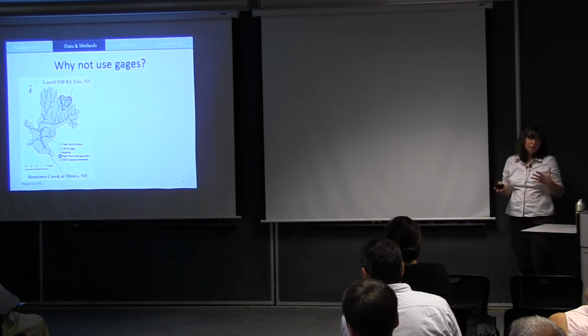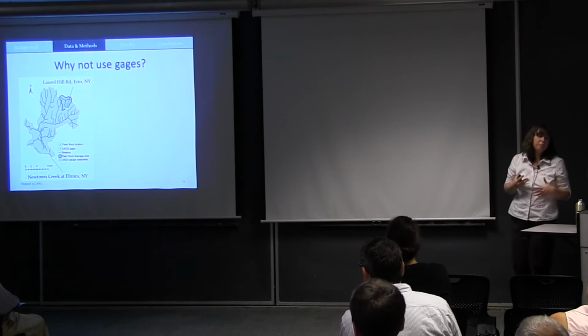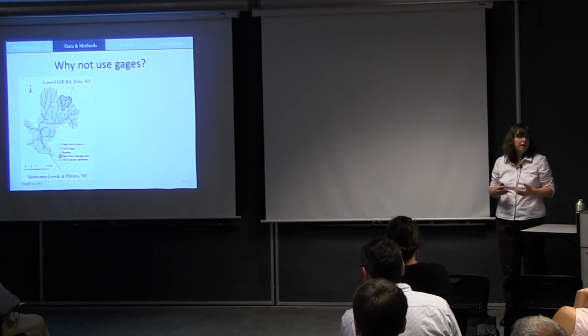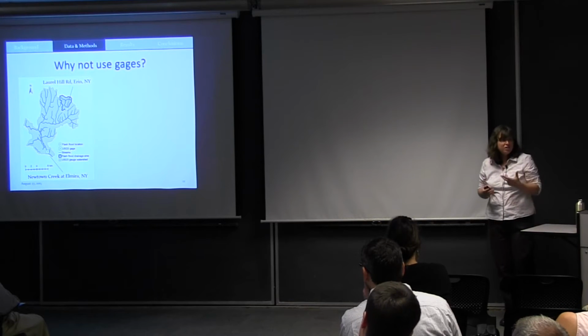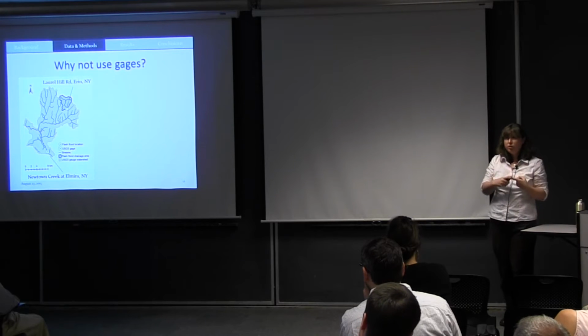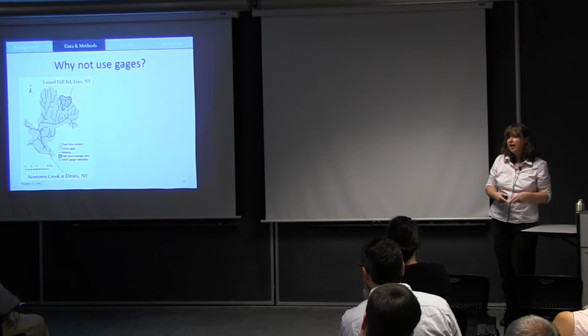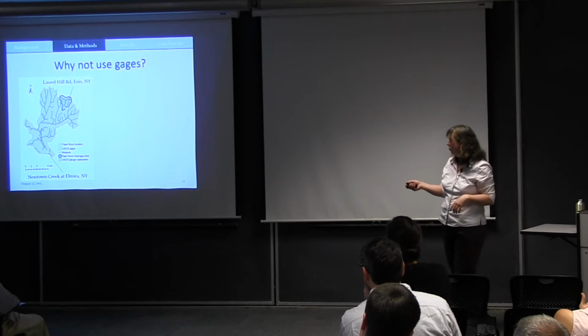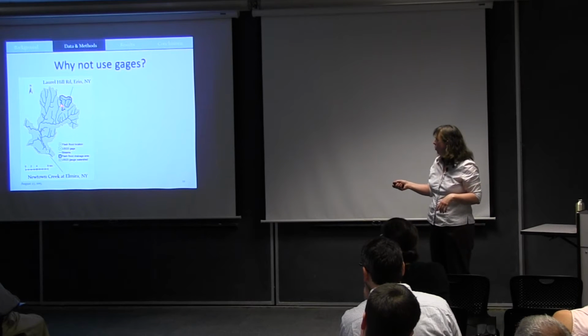So just a quick word, this is something that comes up a lot. People say, why don't you just look at where floods happened at USGS gauges, because then you have more information. You know the flow rate, you know the duration of the flood. But flash floods happen on a not only faster, but also a smaller scale than USGS gauges. So this is an example, again, of a flood from my data set, where the flood happened in this little watershed here.